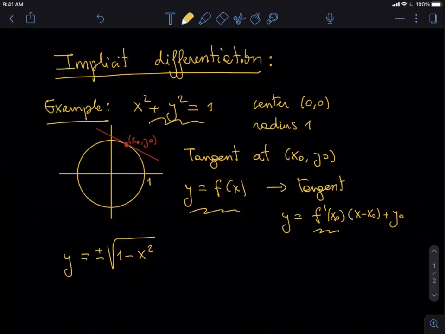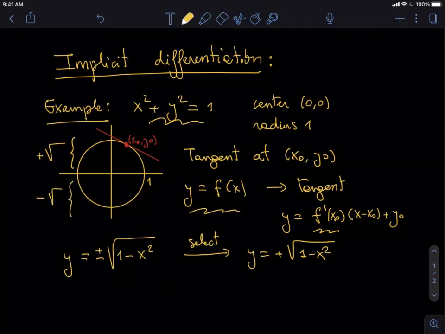Now, we are going to select the plus square root if we are interested in a point that is in the positive y's. Okay, if we are interested in the negative y's, we will take the negative square root.